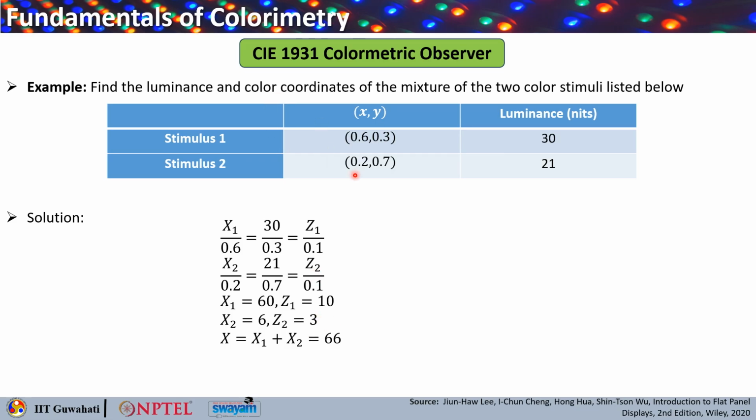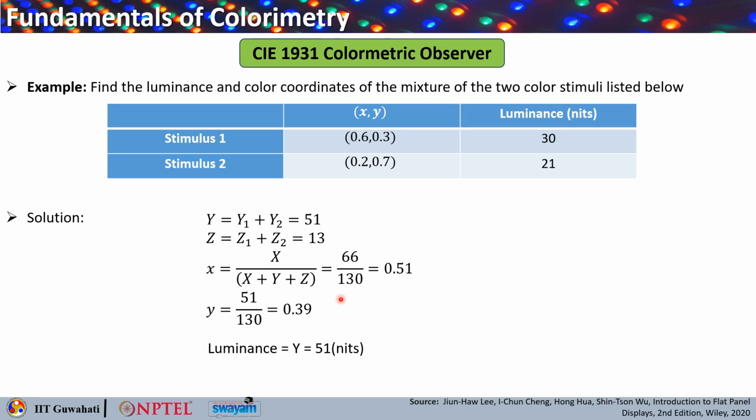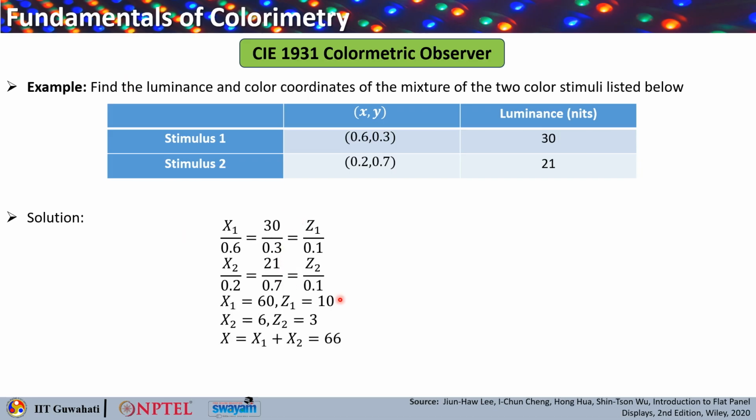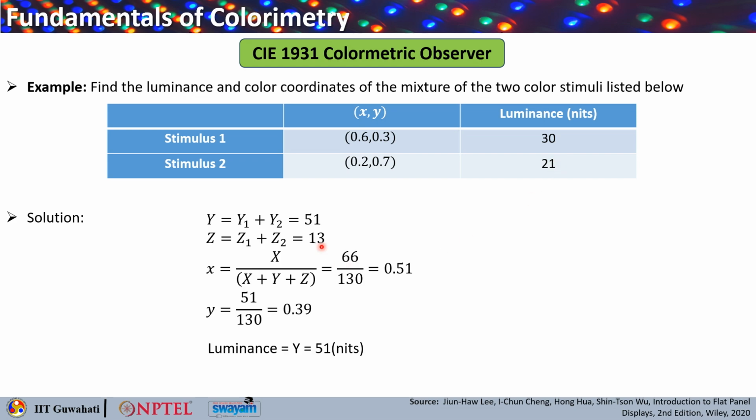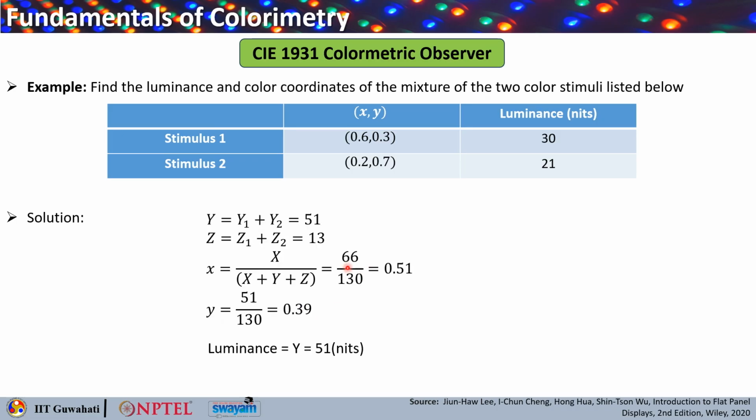When you mix these two colors, X1 and X2 will get added up. So, you get capital X, which is X1 plus X2, 60 plus 6, that is 66. Similarly, you add up Y, that is Y1 plus Y2, 30 plus 21, that is 51, and capital Z is Z1 plus Z2, that is 10 plus 3 equals 13.